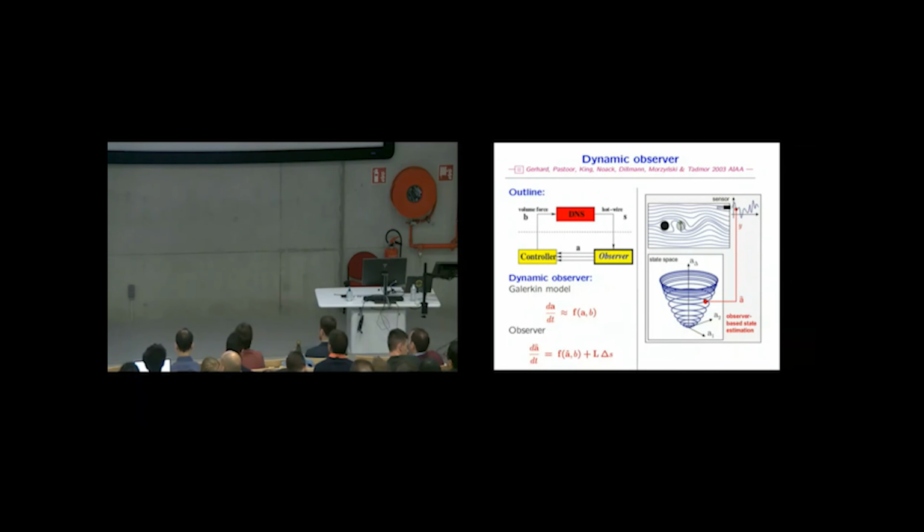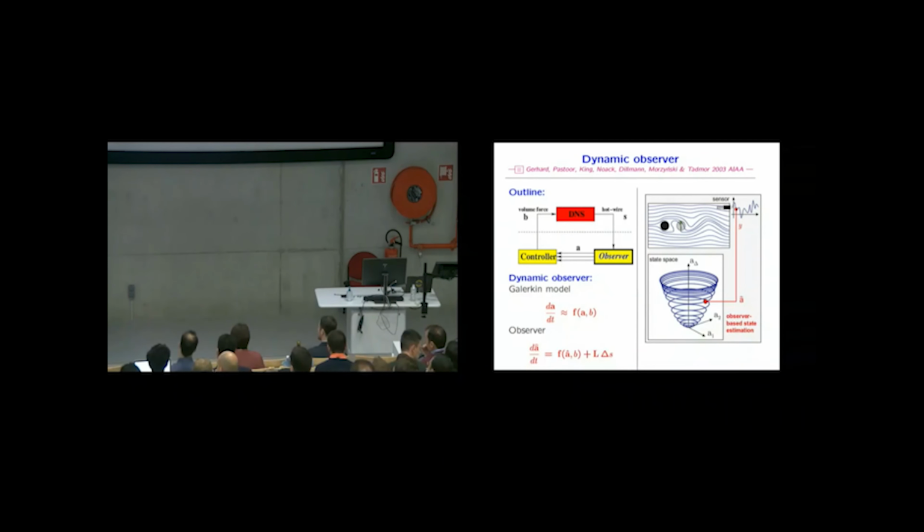You have a Galerkin model, which I've shown here. So we add an additional term, and if the sensor signal which we measure equals the sensor signal which we predict, then we don't have to do anything. We can advance the estimated state with the original system. So everything is fine.